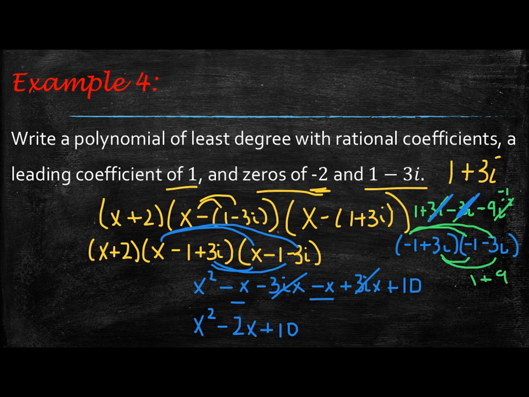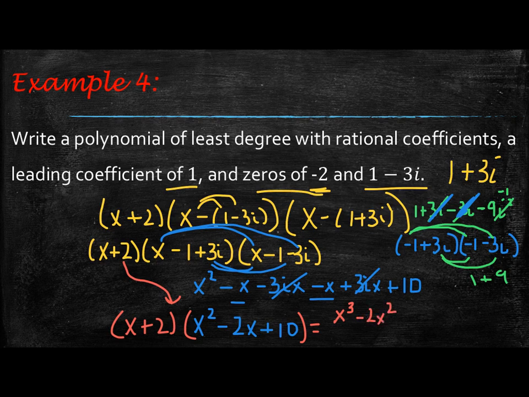Alright, so that's what the last two multiplied together becomes. But I also need to bring that x plus 2 down and now multiply x plus 2 times that to get my final polynomial, which will have those all multiplied together. So when I do that, that's going to be x to the third minus 2x squared.